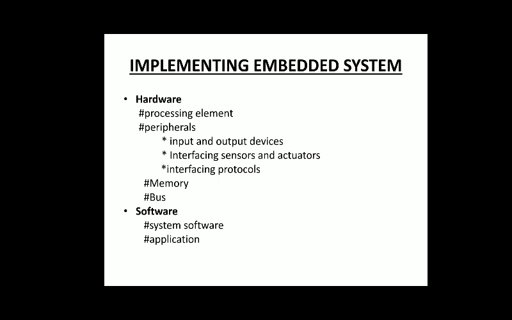Next, peripherals mean input and output devices, which might be other than general purpose standard input output devices like keyboard and mouse. Next we have interfacing sensors and actuators that will sense the environment and actuate the system, and interfacing protocols.